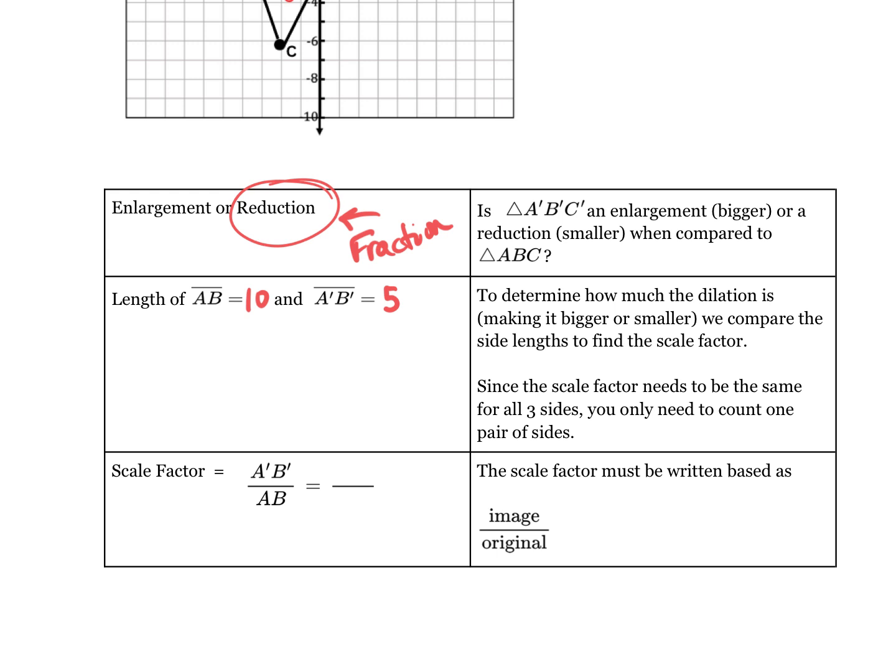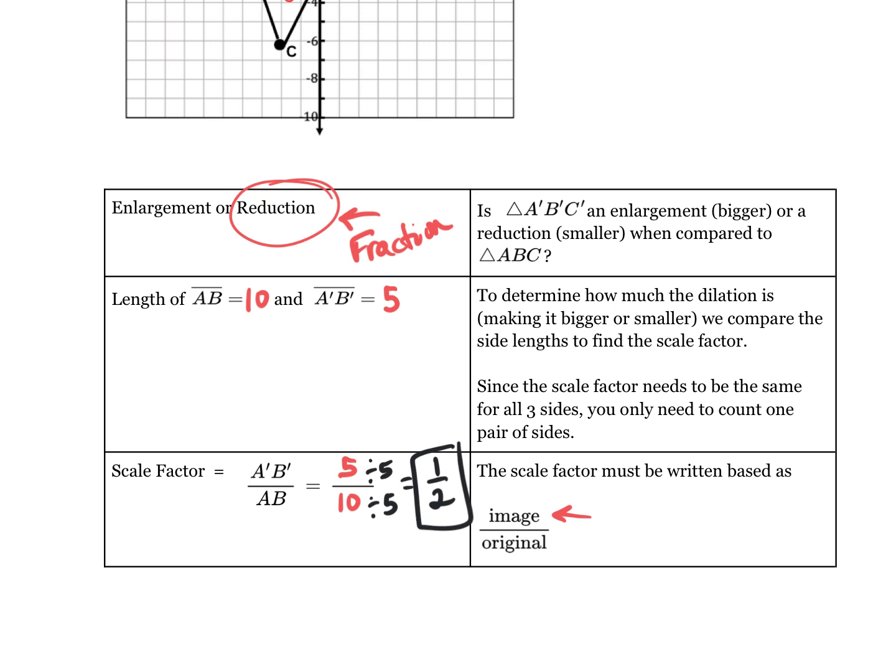So you notice, remember, the value of the image always goes on top. The original is on the bottom. And when I reduce or divide both numerator and denominator by 5, I get 1/2. So remember, yes, we divided by 2.